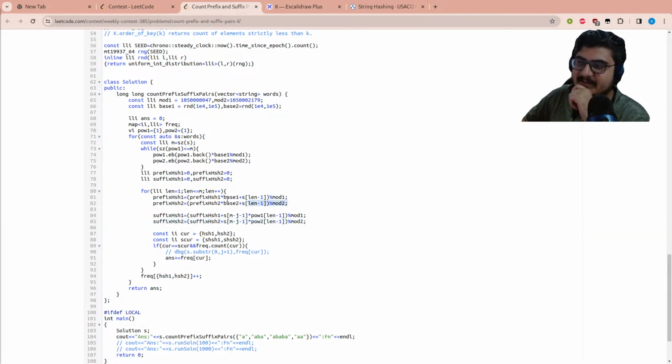Here I am running on the prefix. When I am increasing length I am adding a new number at the back, but when I want the suffix hash, I have to add a new number in the starting over here.